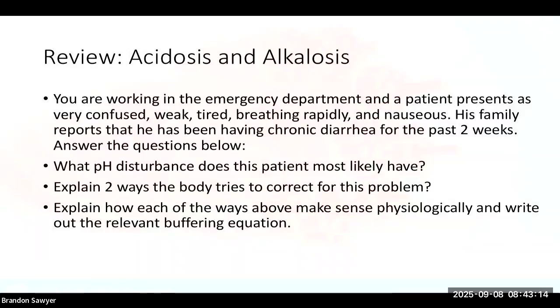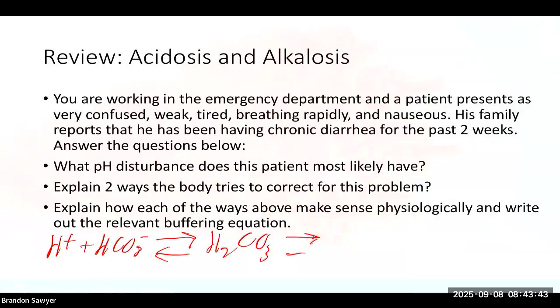And if we get rid of a bunch of CO2, then I'll write out the equation for this. So if we've got H+ and HCO3-, and then on the other side of that, we can write this out as a reversible reaction, H2CO3, and then H2O and CO2.